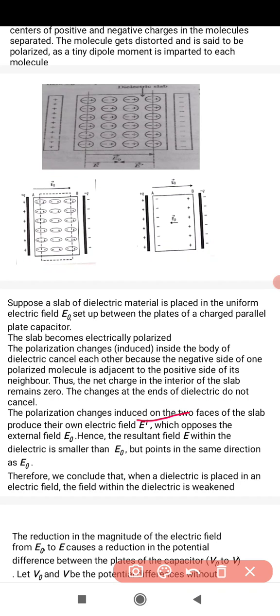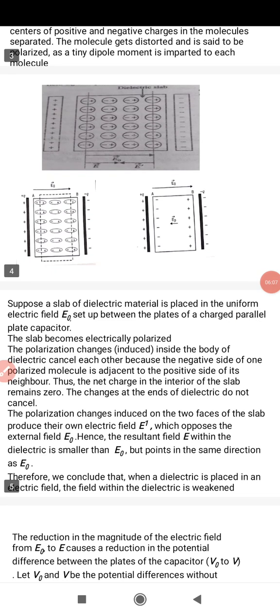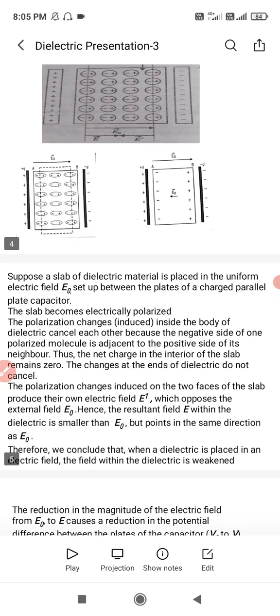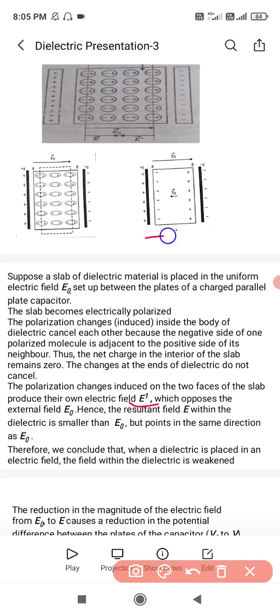The polarization charges are induced on the two faces of the slab. Both sides of the slab produce their own electric field, that is E dash, in the direction opposite to the applied electric field.